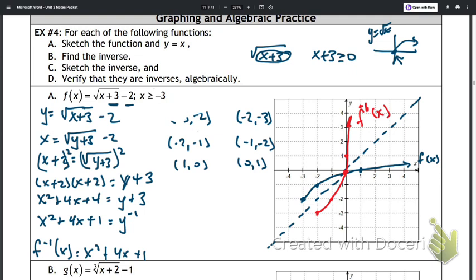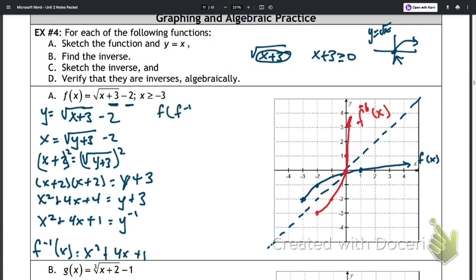So if I want to verify algebraically that those are inverses of each other, I'm going to plug in f inverse of x. So I'm plugging the inverse into the original. So that'll be the square root of x squared plus 4x plus 1.